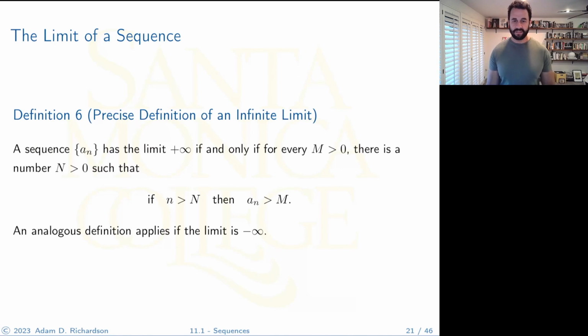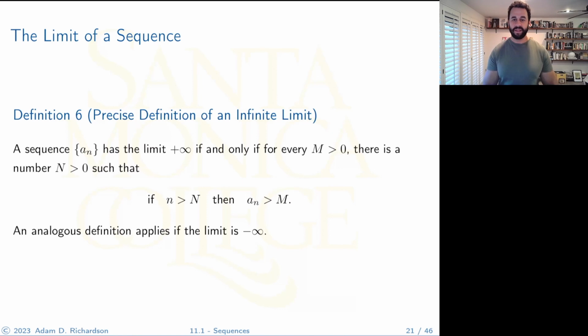So let me try to make sense of this for you a little bit more, give you a little more intuition. So one thing I'll say first is that capital M is a big number. We're trying to talk about an infinite limit, so you can think of M as something gargantuan, a hugely gigantic number. And the idea is that no matter what gargantuan, unimaginably large number M you give me, I can find a special number N where as long as I go past that N, my terms are going to be bigger than that gargantuan number that you gave me.